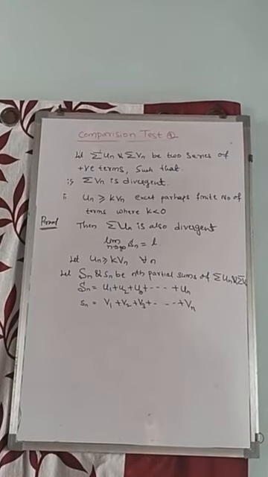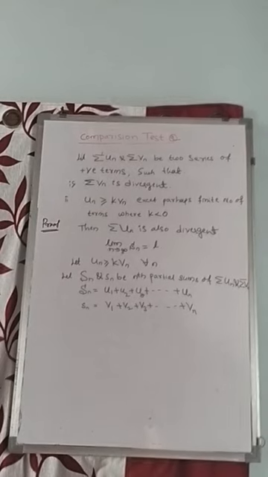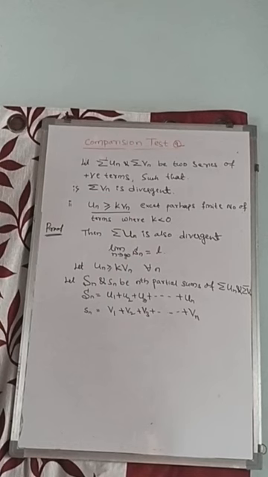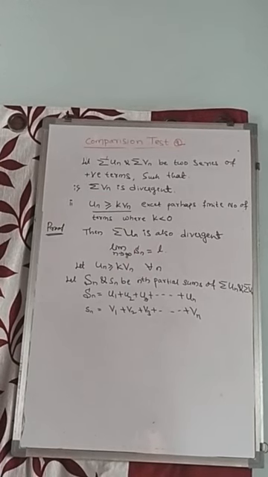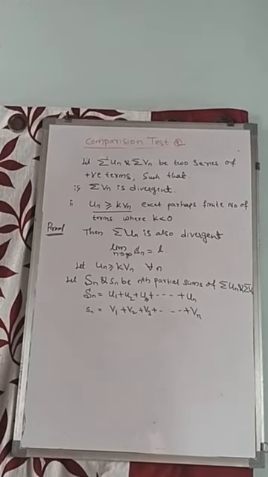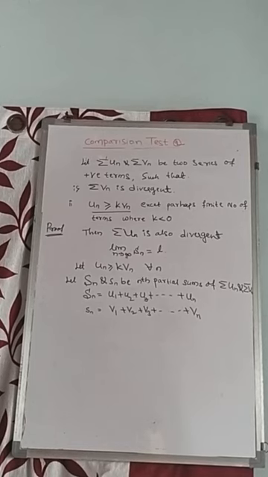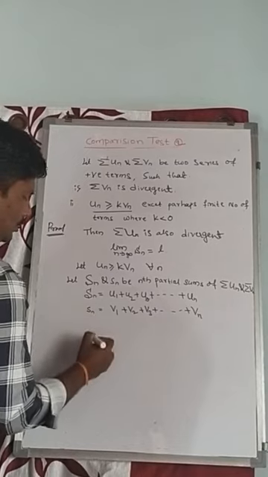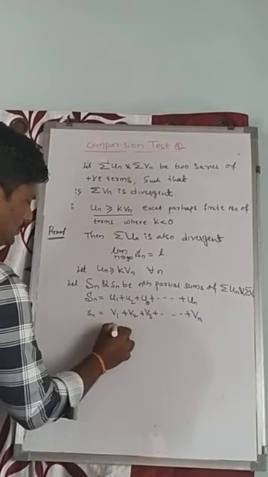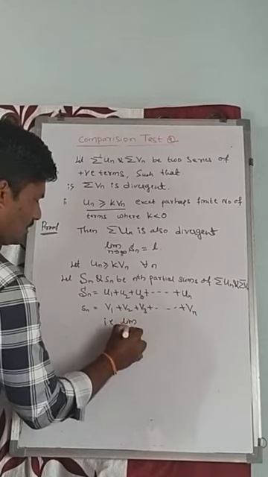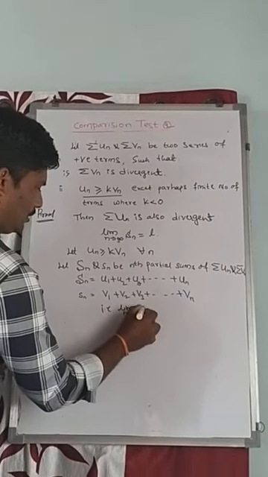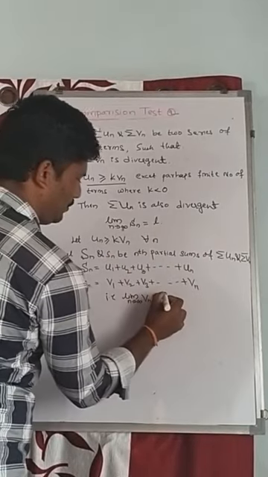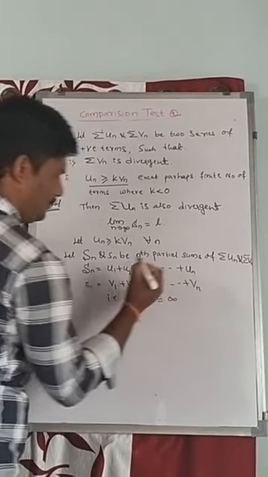Next, our condition is un is greater than or equal to k into vn, which means here vn is divergent, that is, limit n tends to infinity vn diverges to infinity.